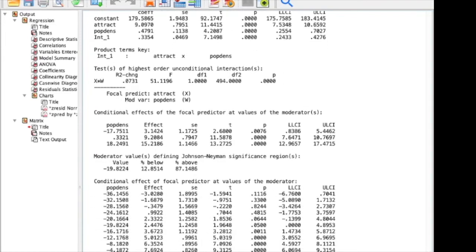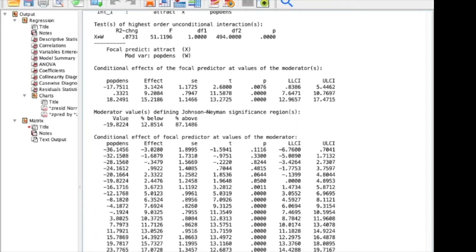Now, the fun part of the moderator is interpreting what our difference is here. And that's what all of these tables are for. First we have this conditional effect of the focal predictor at values of the moderator. So that's saying, what is the effect of attractiveness on souls harvested at these levels of the moderator?